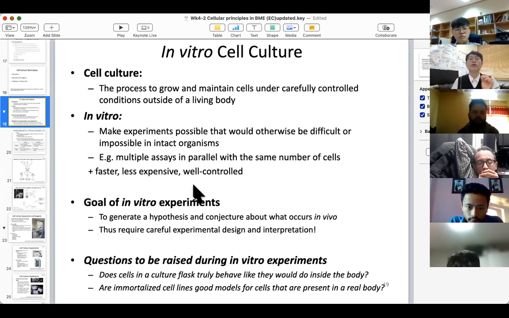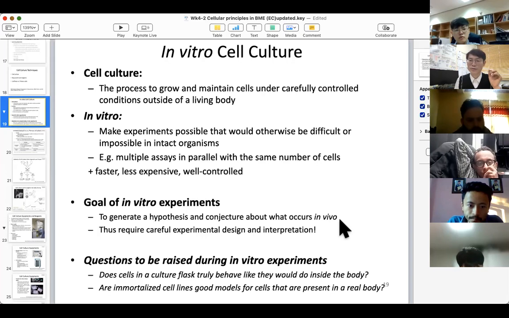So the goal of our in vitro experiments is really generating hypotheses about what occurs in vivo. You know, in vitro has this practical easiness, but you have to keep thinking about the limitations, because the goal of these in vitro experiments eventually is to understand what's happening in vivo.